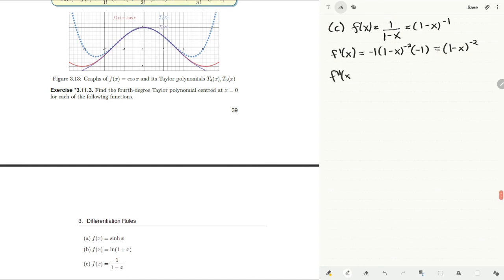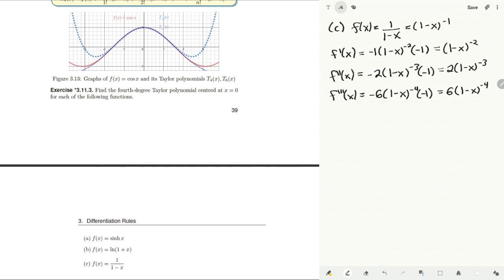Now the second derivative is negative 2 times 1 minus x to the negative 3 multiplied by negative 1, which can simplify to 2 times 1 minus x to the negative 3. The third derivative is 2 times negative 3, which is negative 6, times 1 minus x to the negative 4 times negative 1, which is 6 times 1 minus x to the negative 4.